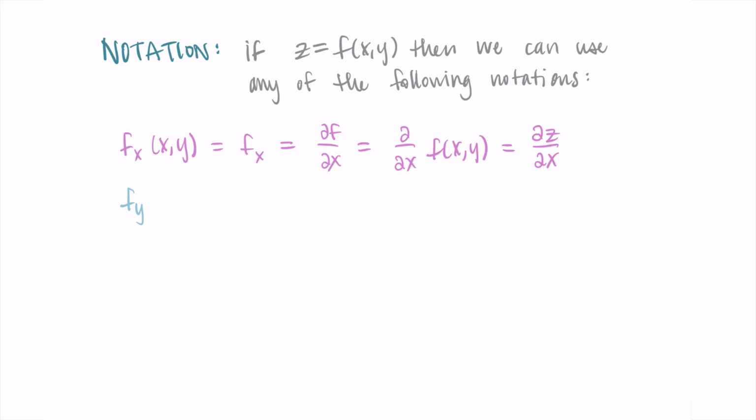So same with the derivative with respect to y. We can just do f sub y, the derivative of f with respect to y, the derivative, oops, I wrote an x there even though I said y. We can do the derivative with respect to y of f of x, y, or we can do the derivative of z with respect to y.